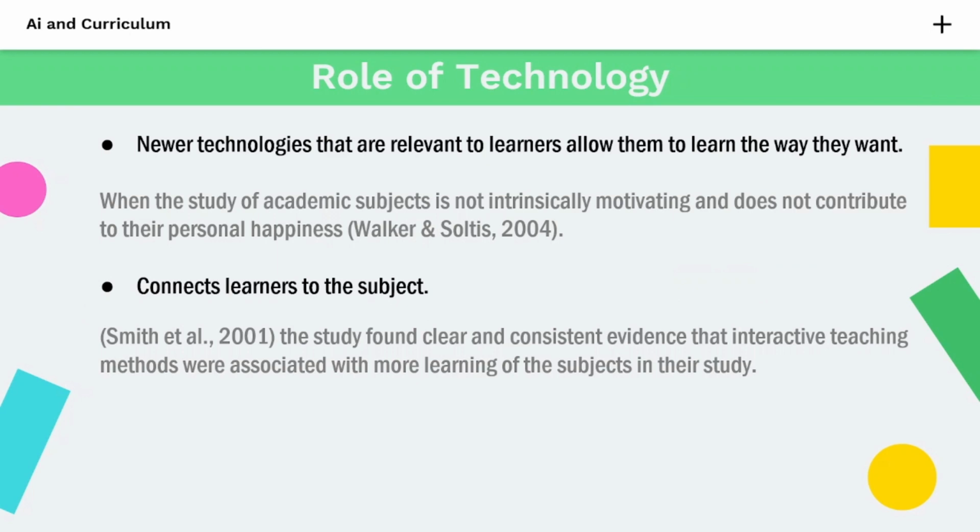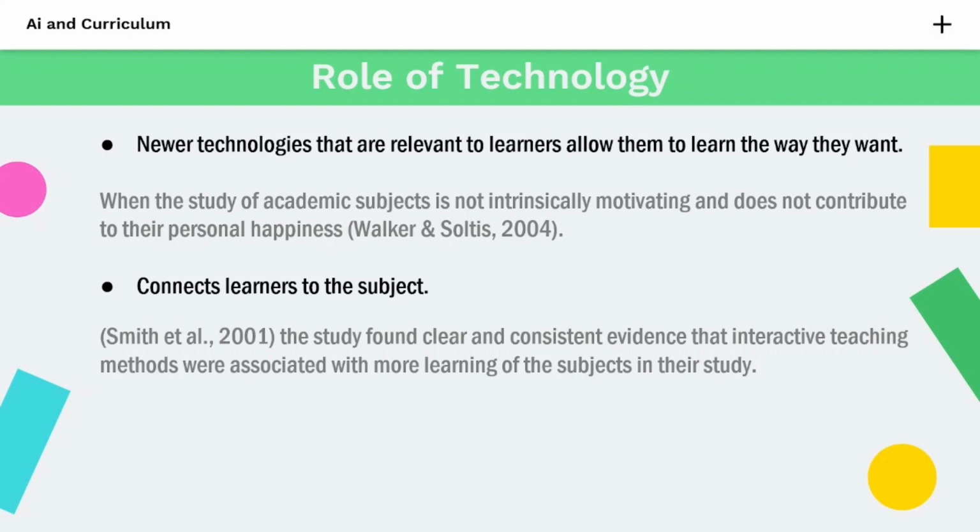So, the role of technology. We know that younger learners these days catch the trends before everybody else. Once they like to communicate in a certain way, they like to be taught in that way.